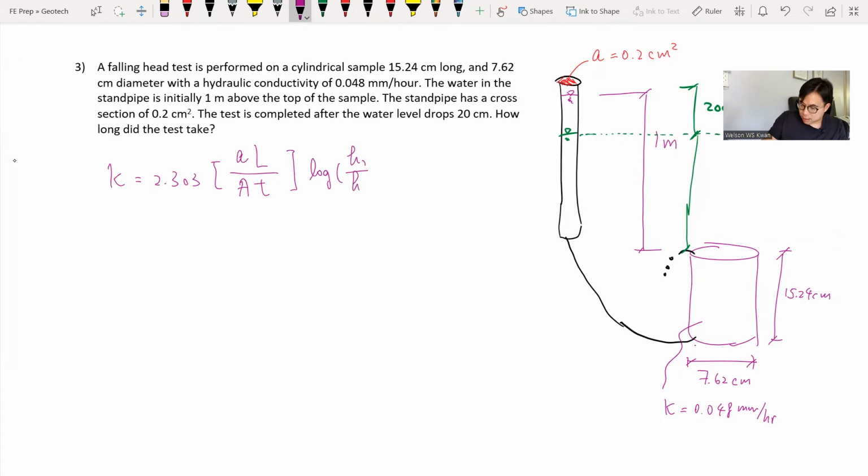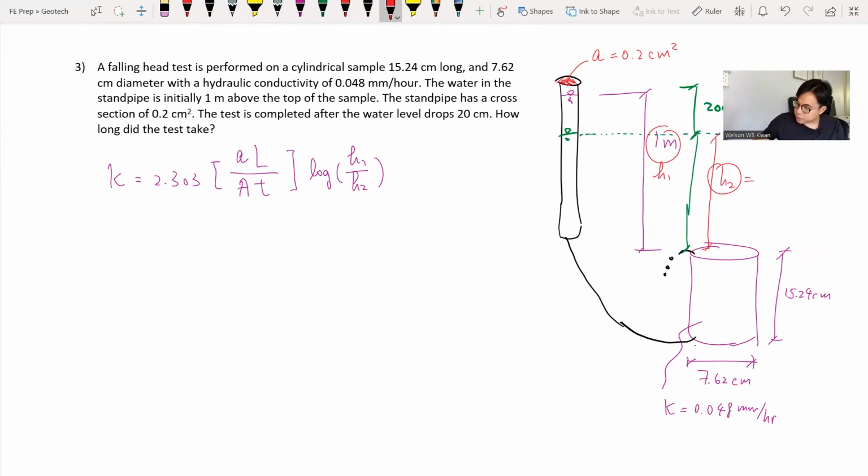Actually, it's the ratio of the initial height, before the test, the water height, and after the test, what is the water level height with respect to the water drainage coming out from the top of the specimen. So H1 and H2. So pretty much this one is your H1. And this is your H2 right there.